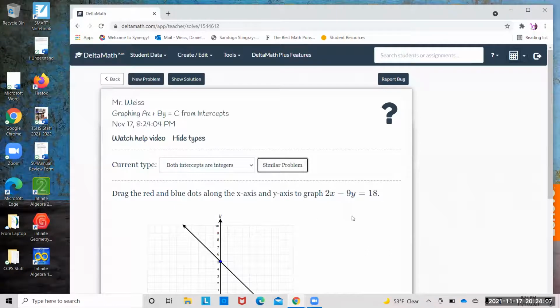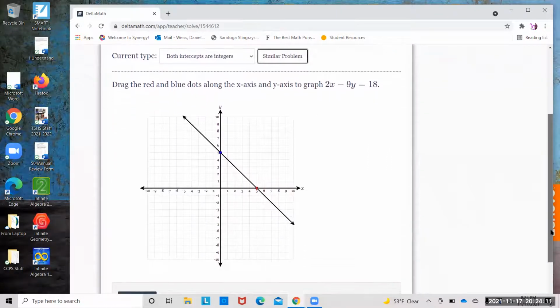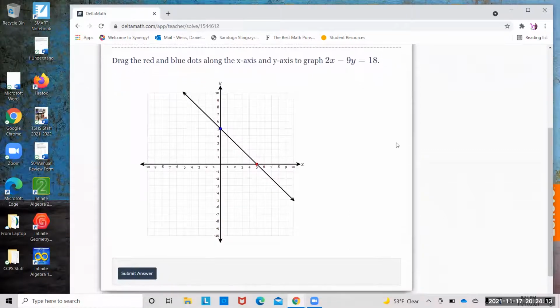Okay, here we go. Here, let's make x 0. If you make x 0, 2 times 0 is 0. You're left with negative 9y equals 18. Divide by negative 9, and you get y equals negative 2. So I got to go (0, -2) down here, right?